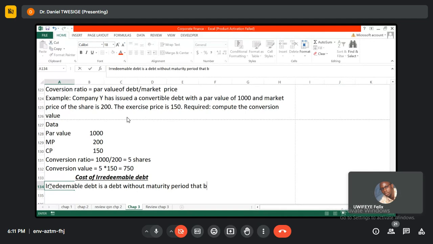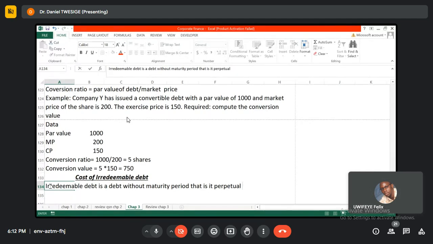It is perpetual. It has no maturity period, then we call it irredeemable debt. Sometimes you can say irredeemable loan stock or irredeemable debt. We are speaking the same language.